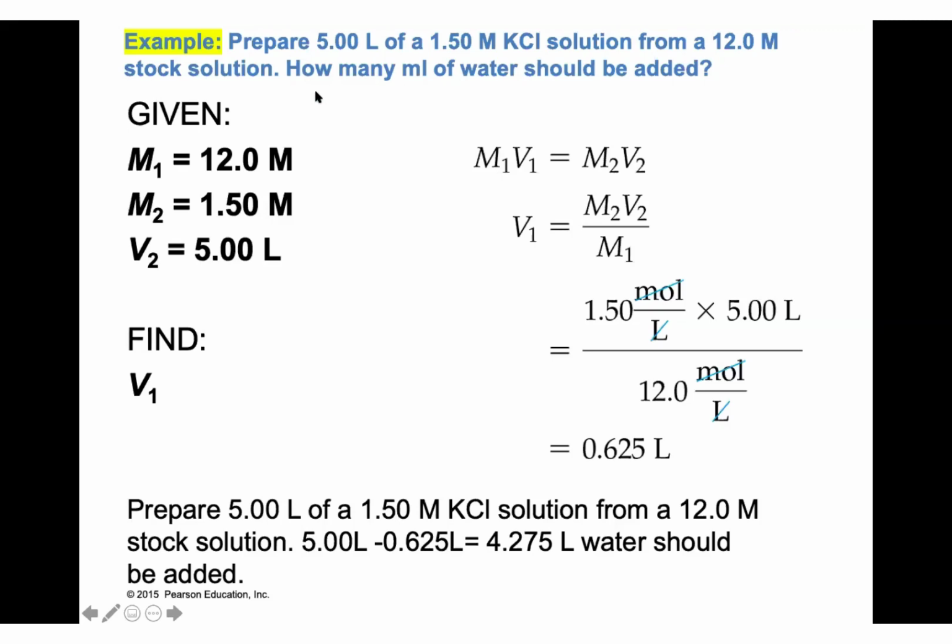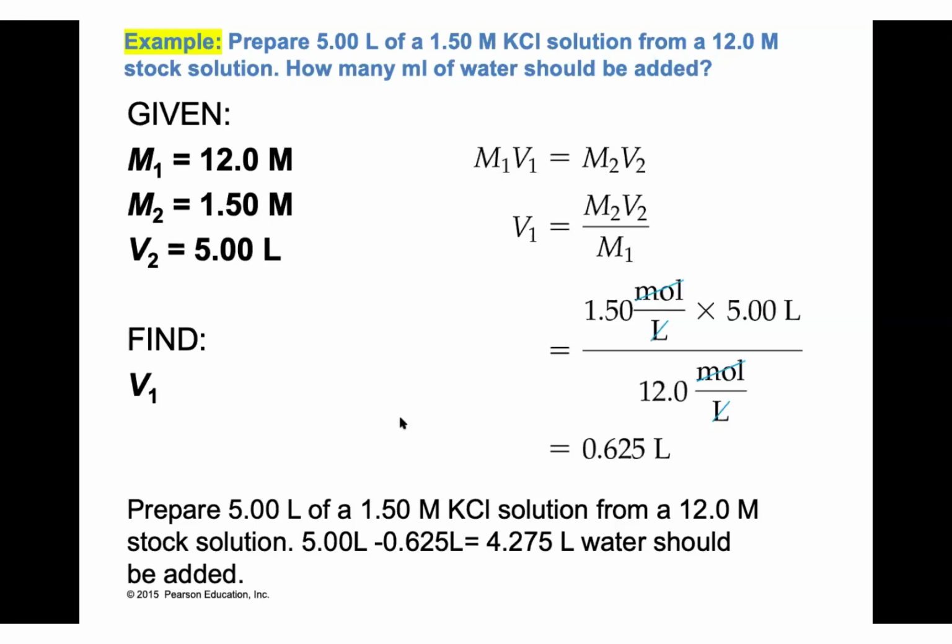Because I should make this solution, right? 5 liter. Imagine you have a concentrated 12 molar KCl, right? It's concentrated. You put it in the bottom of a beaker. So we calculated 0.625 liter of a stock solution, which is 12 molar. So I add 0.625 liter of 12 molar in the bottom of the beaker.